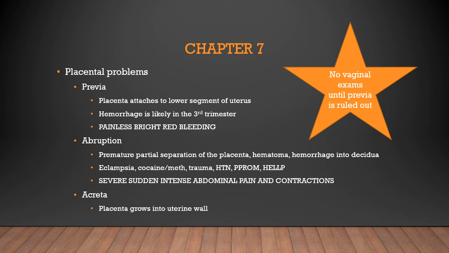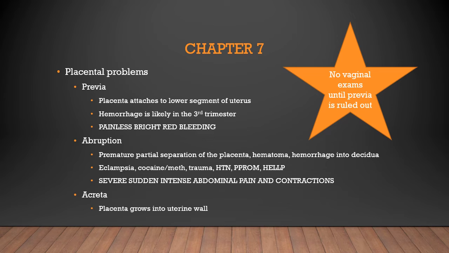Placental abruption, or abruptio placentae, occurs when there's a separation of a normally planted placenta and the wall of the uterus. This causes a hematoma to form that starts to destroy the placenta.